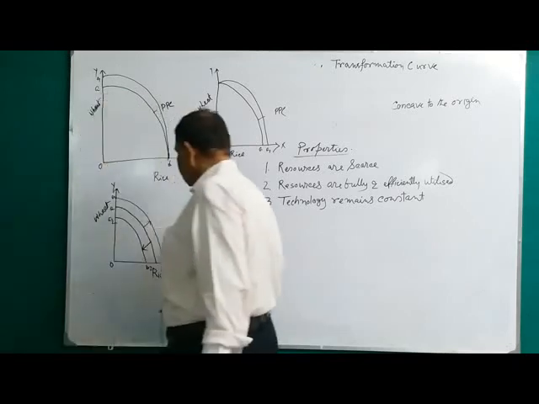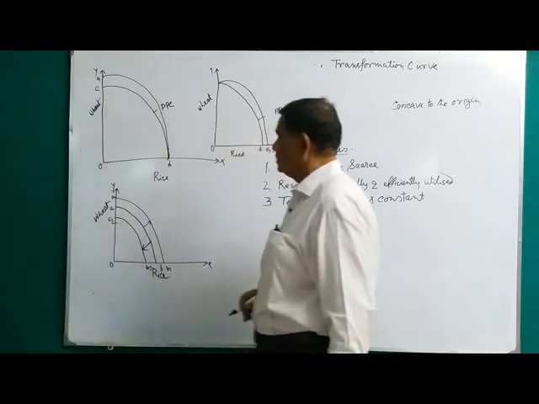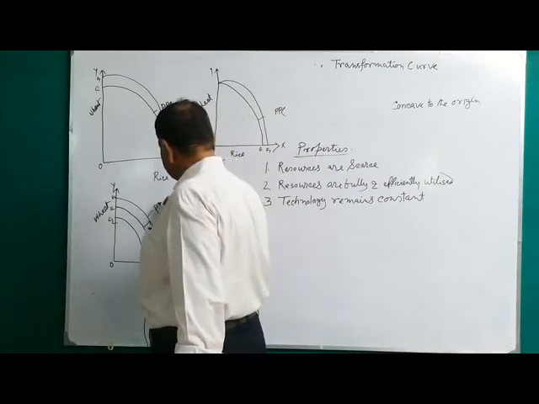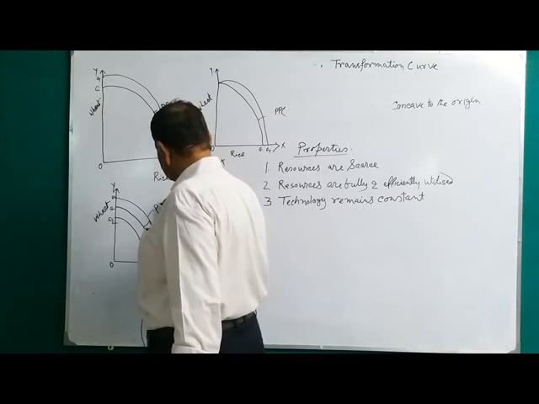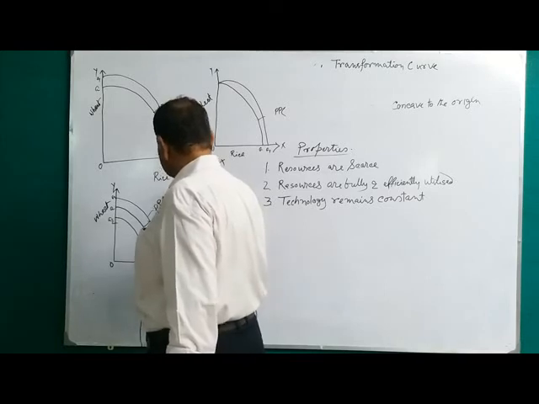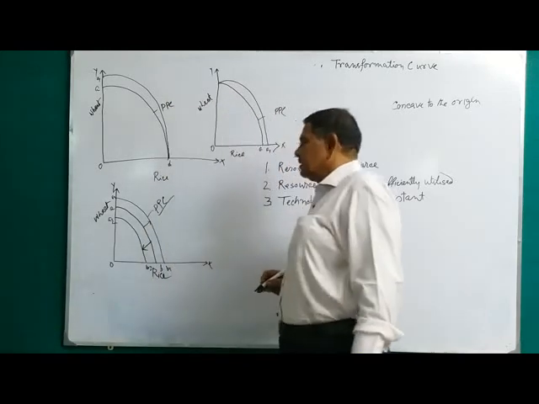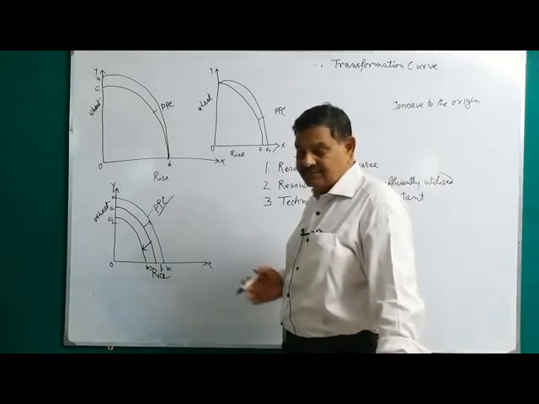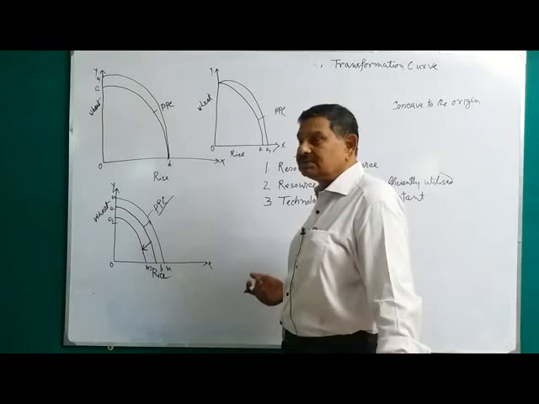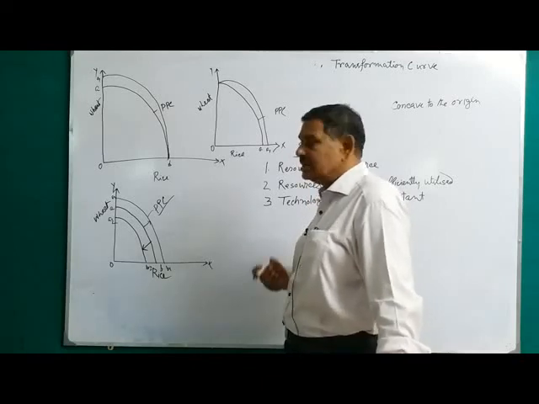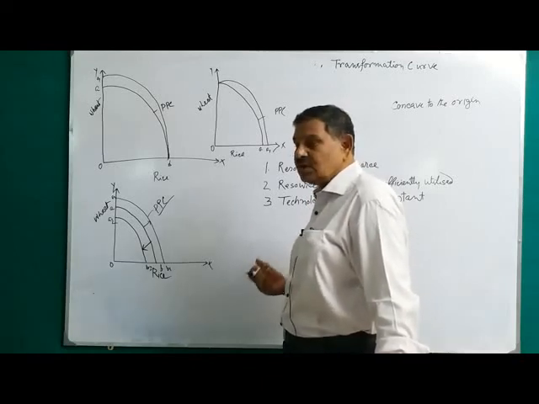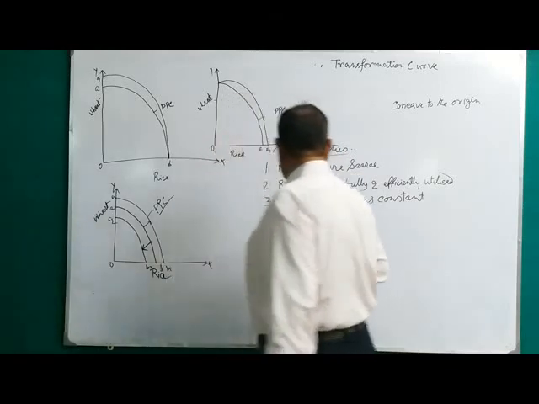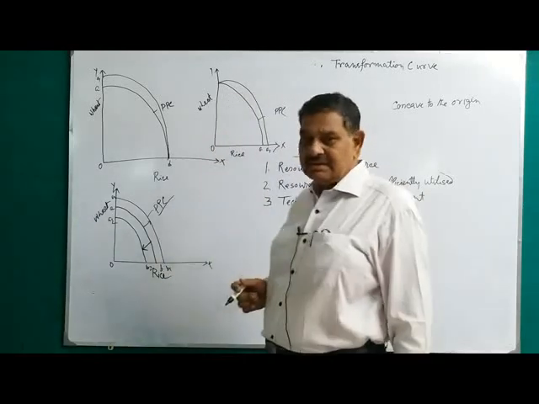Therefore, you see that the production possibility curve may shift rightward or leftward. It depends on the available resources, change of resources, change of technology, and other factors also. After this, I think it is clear to you.